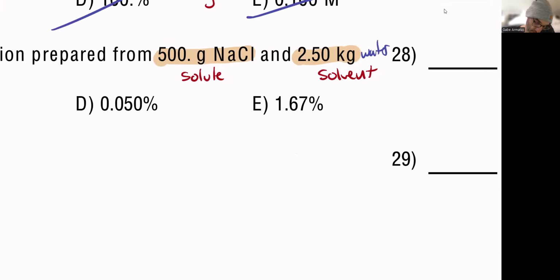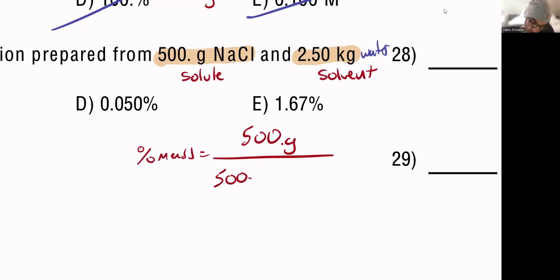And we're going to do the math. So percent by mass is the 500 grams of sodium chloride divided by the whole thing. So the whole thing weighs 500 grams of sodium chloride plus, okay, so 2.5 kilograms is technically 2,500 grams.